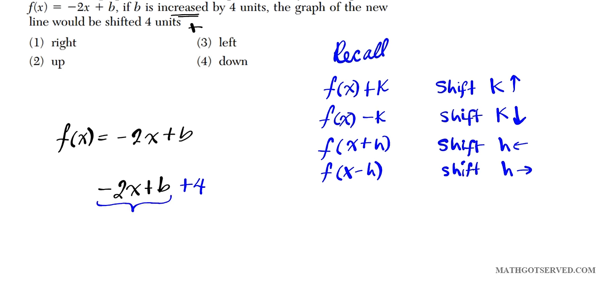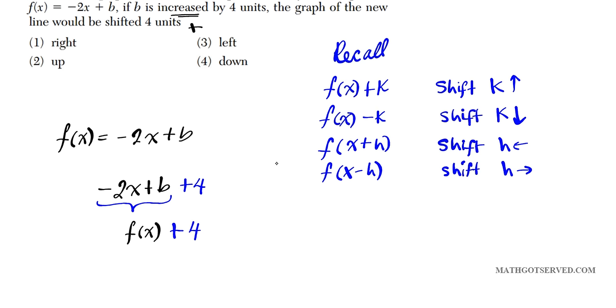So we can simply write this as f of x plus 4. So adding or increasing negative 2x plus b by 4 units is the same thing as adding 4 to the function.